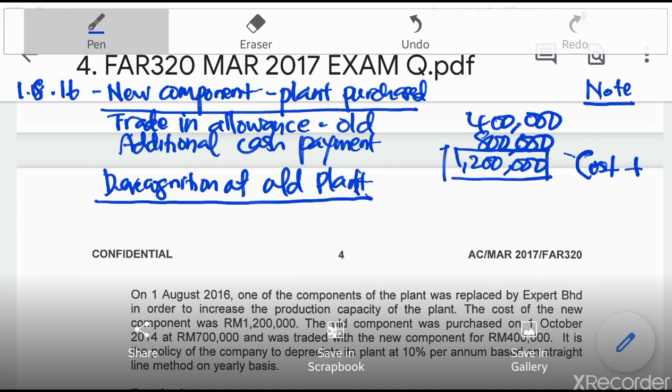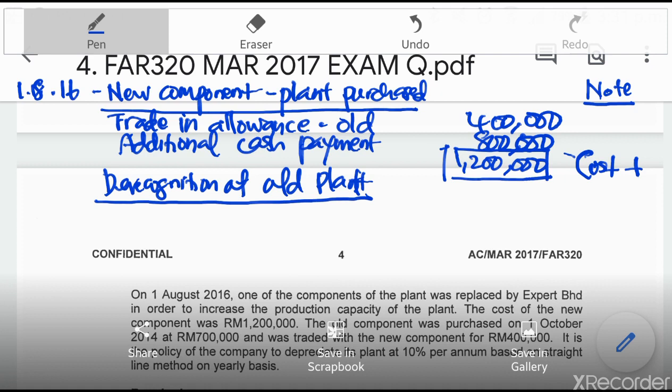So here they derecognize through the so-called exchange of a new asset with the new one, but not the whole asset, just the component of that asset. The asset is still the existing one.